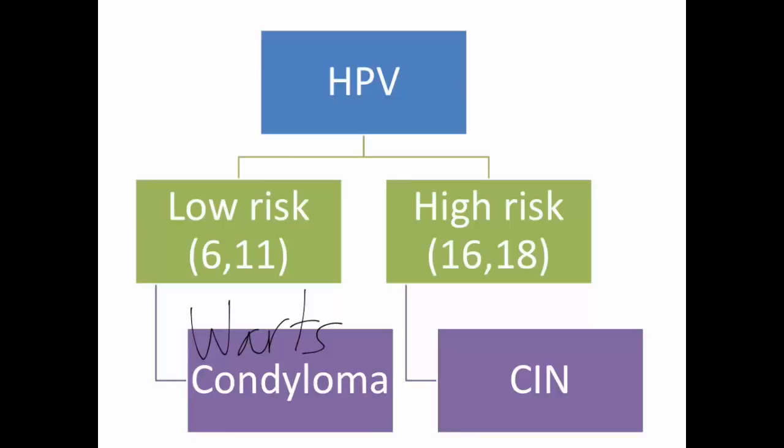The other type, which is high risk, includes 16 and 18, plus the 30s, which are 31 and 33. But most importantly, we have 16 and 18. These are most important, and what they cause is cervical intraepithelial neoplasia, or CIN. This cervical intraepithelial neoplasia has the risk to become cervical cancer.